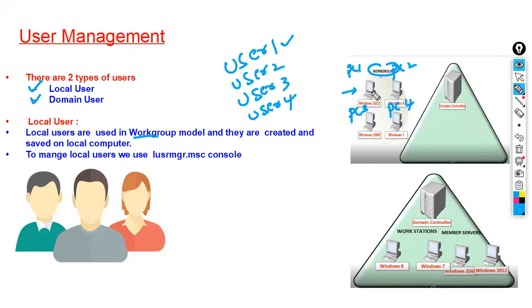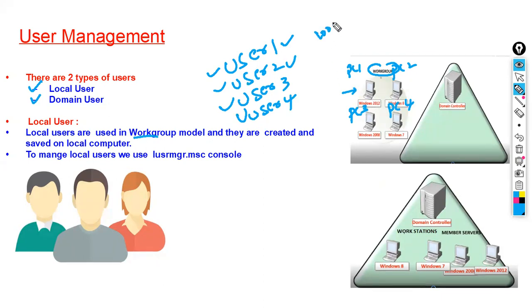Again, if the same user wants to access the other computers like PC2, PC3, PC4, you need to go to these three PCs and create the user account for user 1. Same way, if user 2 wants to access all the computers, you need to go to all the computers and create the username and password for user 2, and the same thing with user 3 and user 4.